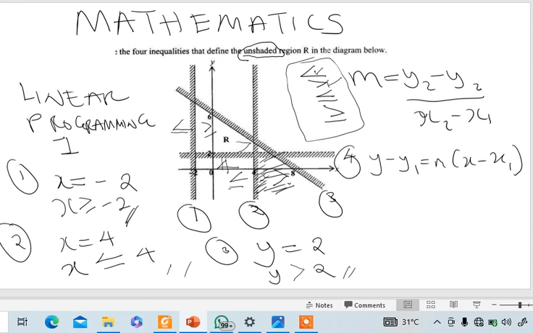Then we come to the big one now. For the big one, I think I'll use a different slide. So let's start by identifying the coordinates. What coordinate is there, there, and here?